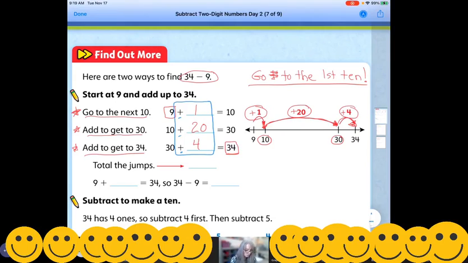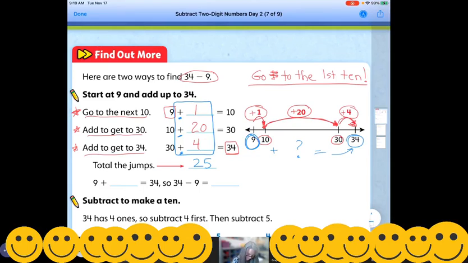Okay, so you need to pay attention to if I'm adding to solve the problem, are all my steps adding? Okay, so our total for these jumps, remember we said it was 25. We started at 9. How many we added was in the middle, and we got 34.